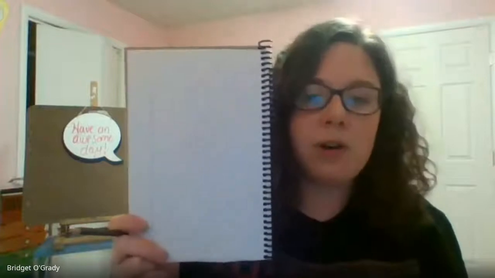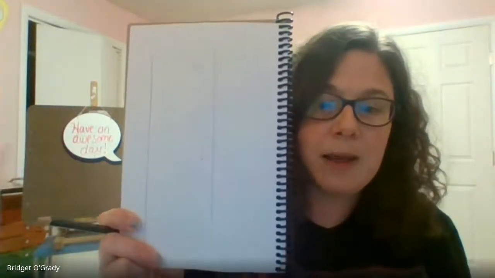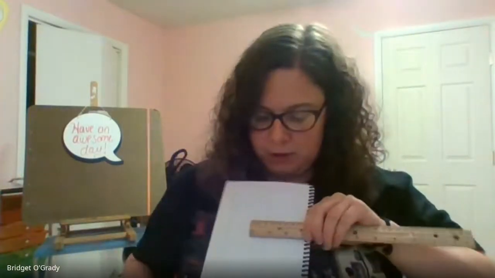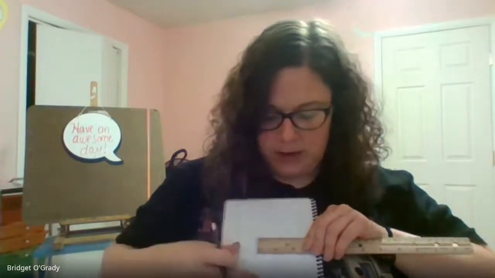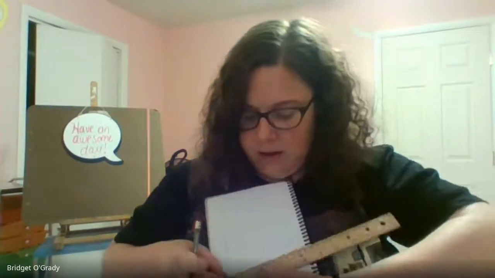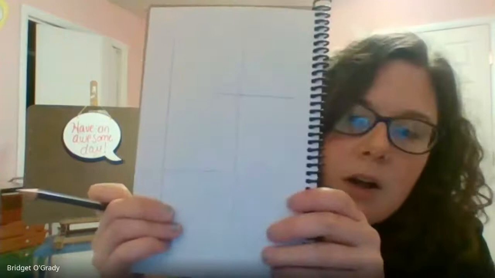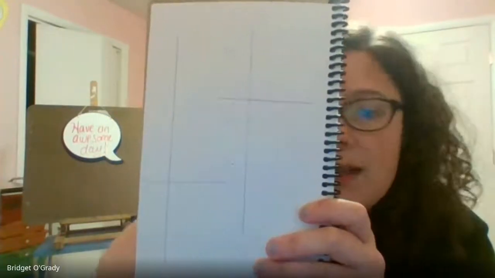So we have two vertical lines that are now two parallel lines. I'm going to just add in a quick horizontal line there and there, creating our perpendicular lines.